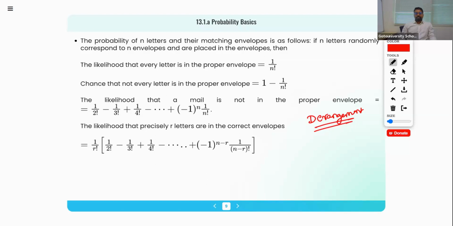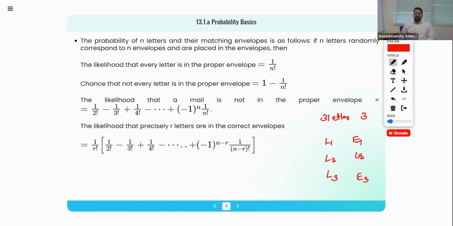So what is this derangement? I'll tell you. This is a formula for derangements. For example, if there are three letters and three envelopes, letter 1, letter 2, letter 3, envelope 1, envelope 2, envelope 3.